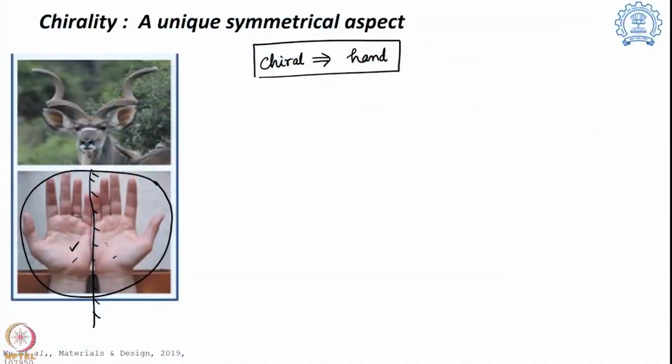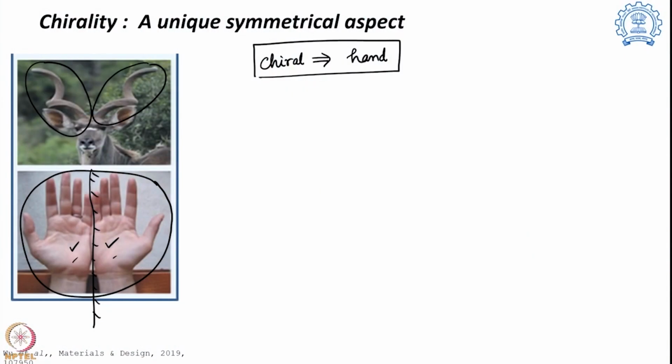So, this particular system is known as the chiral system, where I have the mirror image of each other, but they are not superimposable. And over here you can see the horns of this particular deer actually having the same thing. They are mirror images of each other, but if you want to put them on top of each other, they do not really fit, and that is known as chirality.